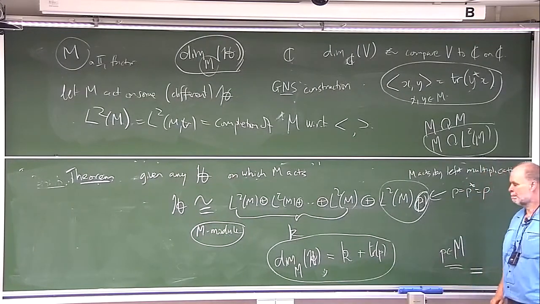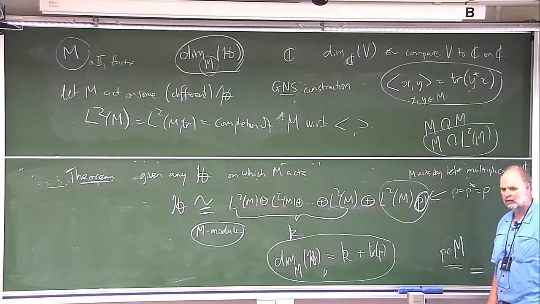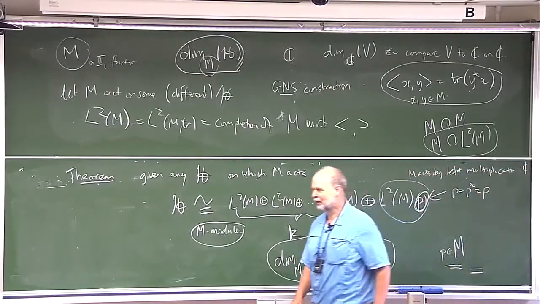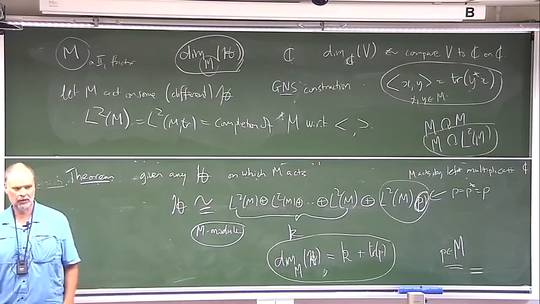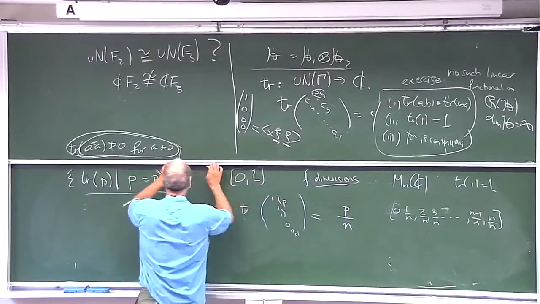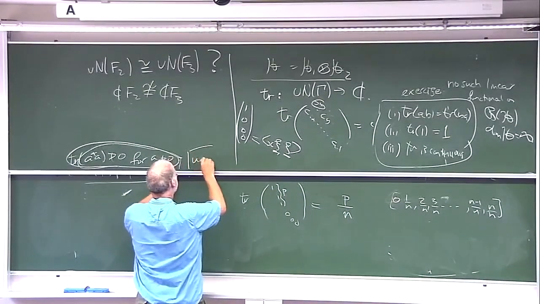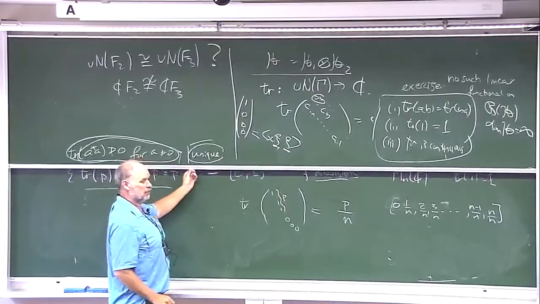Okay. Slightly confused. For a given II-1 factor, trace is unique. Trace is unique, yeah. There's a lot of things I haven't been saying. Among them is that the trace is unique. That's a very good question. The reason it's unique is basically because it's a factor.